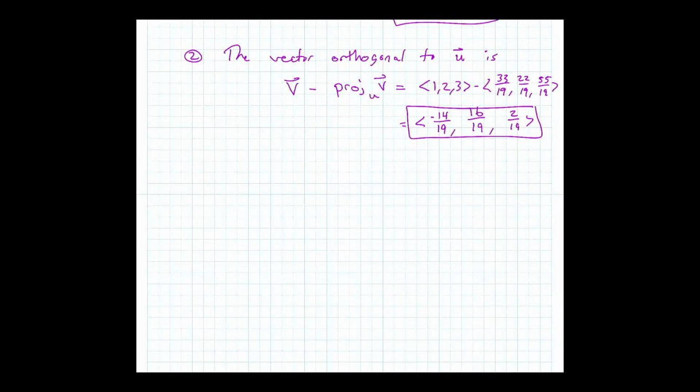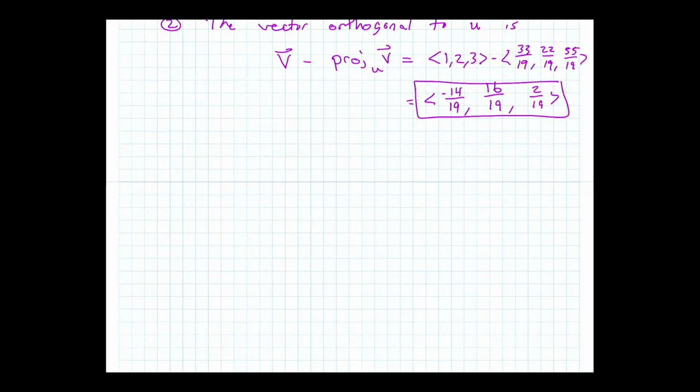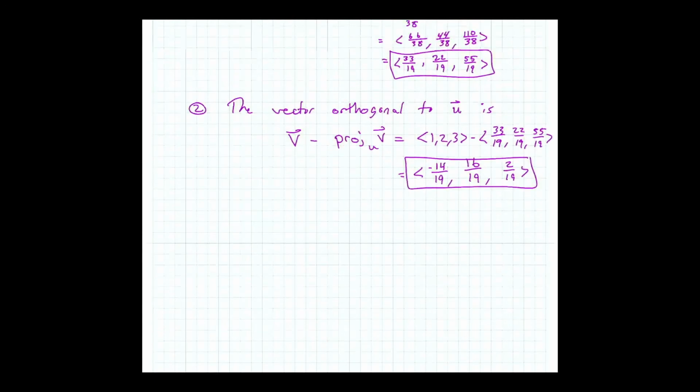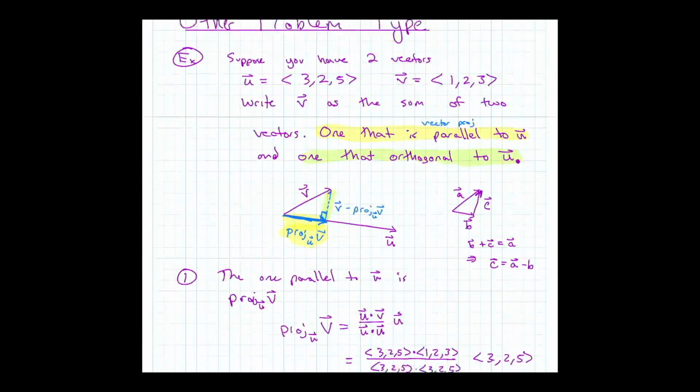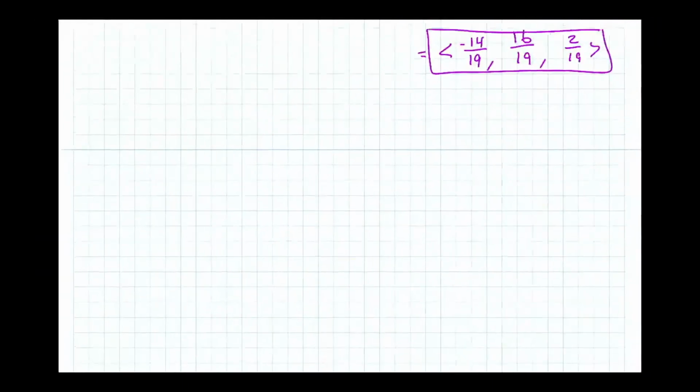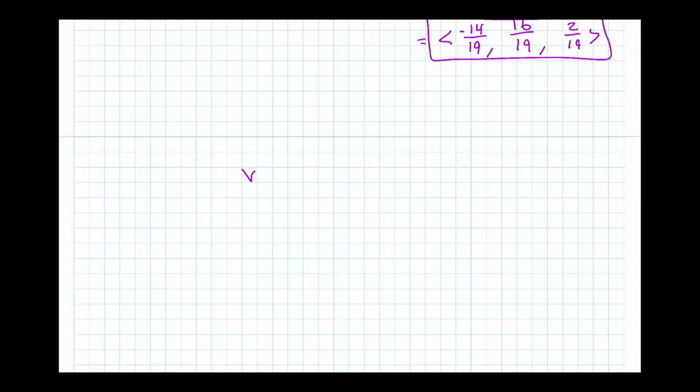I want to draw the situation just so we're clear here. What you've got is we were writing the vector v. So the vector v was 1, 2, 3.